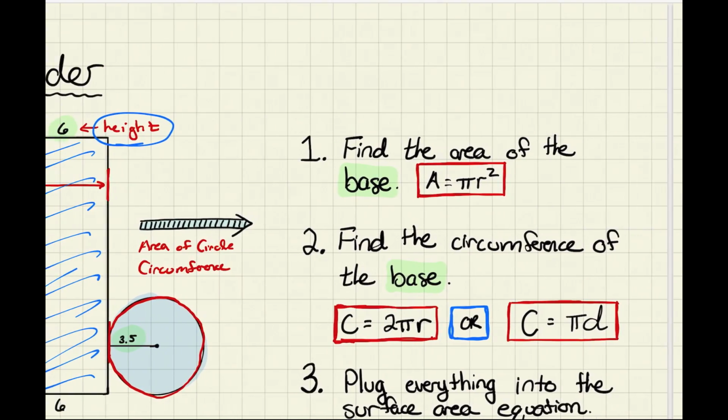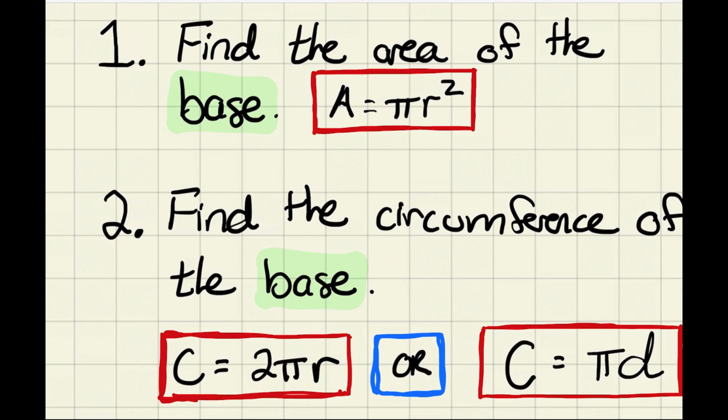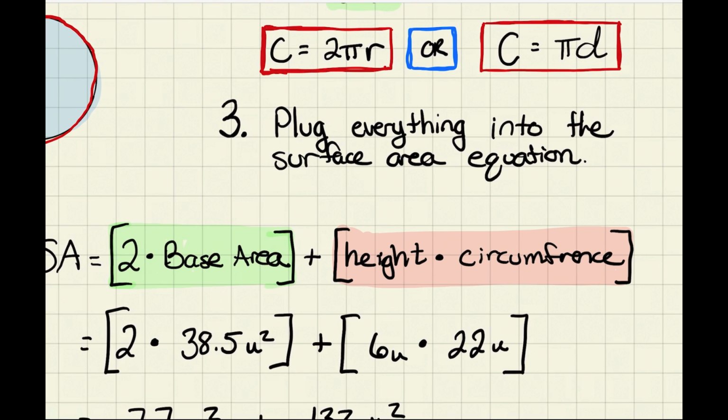So, to recap, anytime you're starting a surface area problem, if you have to find the total surface area, you start by 1, finding the area of the base, 2, finding the circumference of the base, and 3, for a cylinder, applying this formula right here. If you only need to find the partial surface area, then you need to determine whether or not you're looking at the height of the can or whether you're looking at the tops and bottoms of the can, okay?